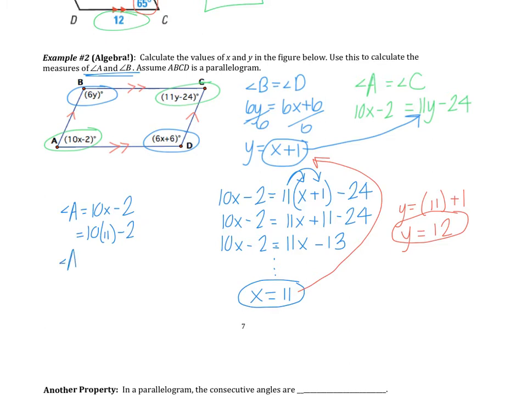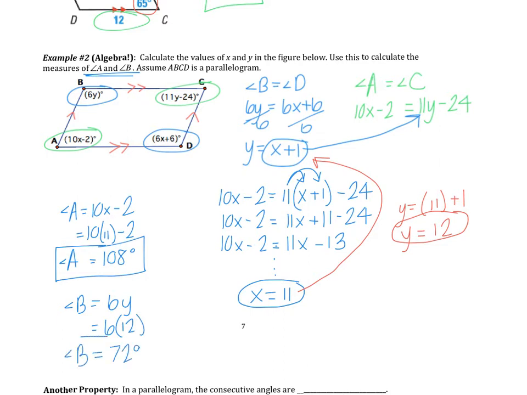So angle A equals 108 degrees. Let's do the same thing for angle B. That equals 6y. Well, y we found is 12. So angle B actually equals 72 degrees.